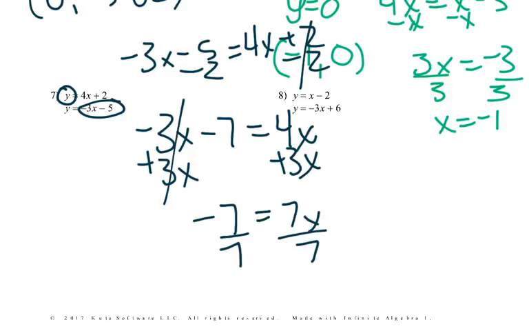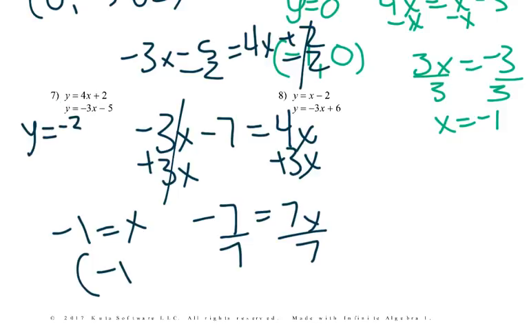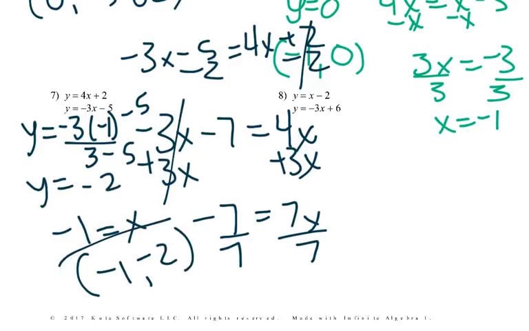Divide by 7, and I get -1 equals x. Okay, there's half my answer. Then I go back to one of my equations, doesn't matter which one, and I substitute in that -1 for x, and then solve. -3 times -1 is +3, minus 5 is -2, so y equals -2. So my answer is -1, -2.